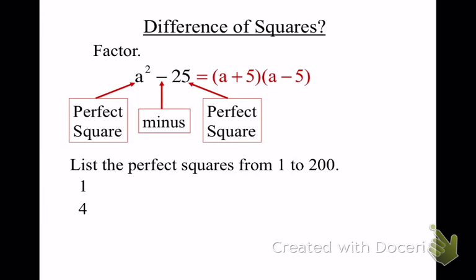So we know it's 1, 4, 9, 16. We have 25, 36, 49, 64, 81, 10 times 10 is 100, 11 times 11 is 121, and 144. That's 12 times 12. Now those should already be memorized.